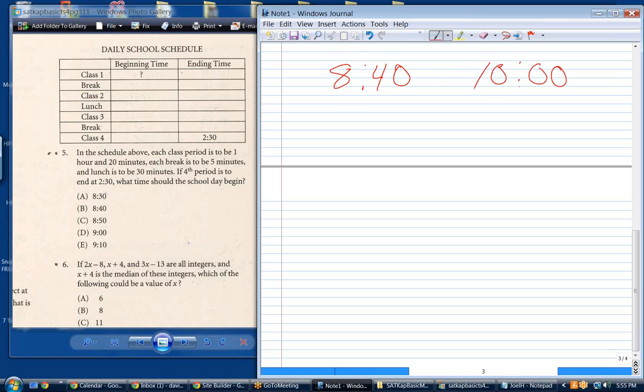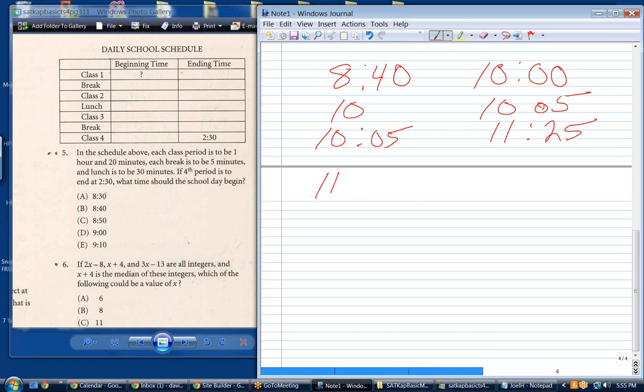First break would go from 10 to 10:05. Next class would go from 10:05 to what? It's an hour and 20 minutes later, so 11:25. Then we have lunch, which goes from 11:25 to where?